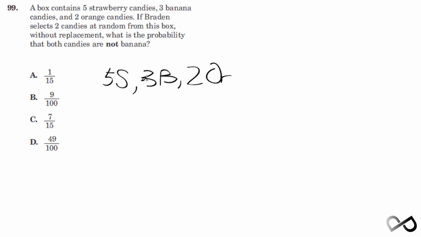Okay, and we want 2 candies to be selected at random without replacement, and what is the probability that both are not banana? So the total number here, if you add the total up, it's going to be 5 plus 3, that's 8, plus 2, that's 10.